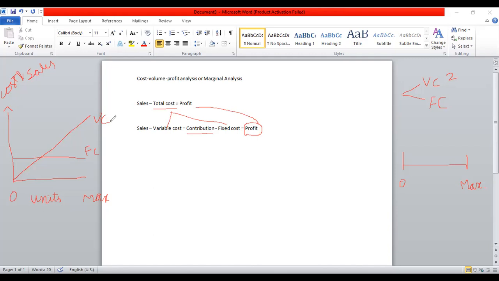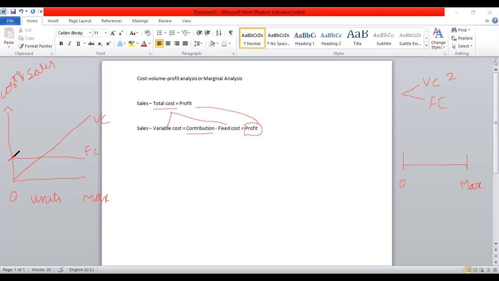Now the total cost is the total of both the variable plus the fixed cost. Variable cost plus the fixed cost is called the total cost. So the total cost will start from this point. This is the fixed cost point. From this point it starts and keeps rising. So it's not zero, because at zero number of units, one portion of the total cost is already incurred.